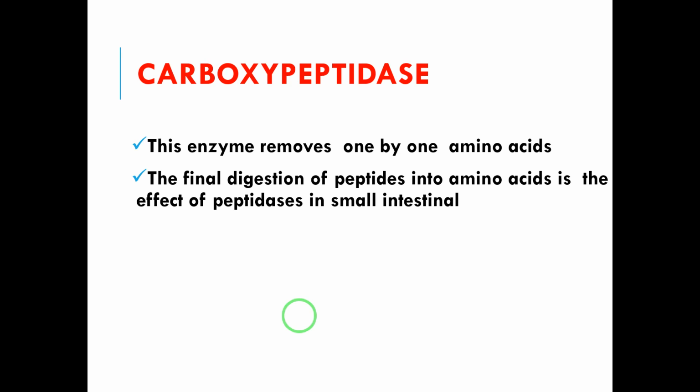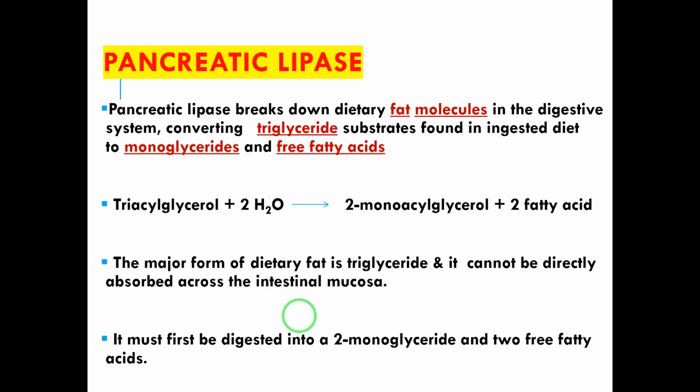This is for the carbs, while protein digestion starts in the stomach by pepsin favored by the HCl, the high acidity in the stomach, and the pancreas will participate by trypsin, chymotrypsin, and carboxypeptidase. The final digestion and absorption of the protein will occur in the small intestine.